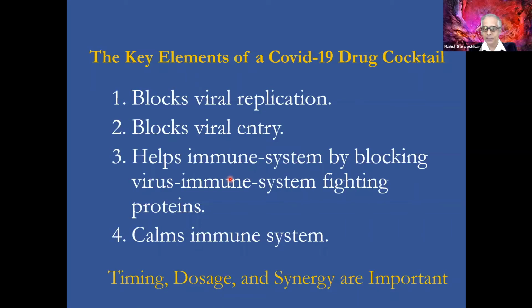PB28 is one example, but there could be other things that block NSP3 in the virus, or NSP5, which is actually an AIDS drug. And many times you have to be careful because people have tried an AIDS drug in the beginning and said, oh, it doesn't work at all for serious patients. But then they tried it on early stage patients, combined it with a cocktail, and they got good results because the cocktail was well designed. And that is why the cocktail is very important.